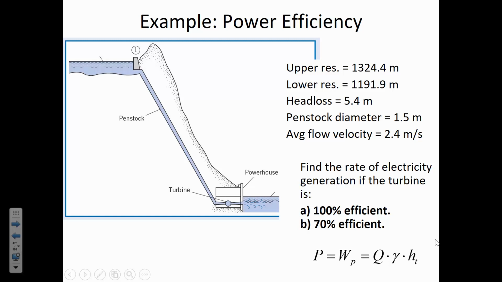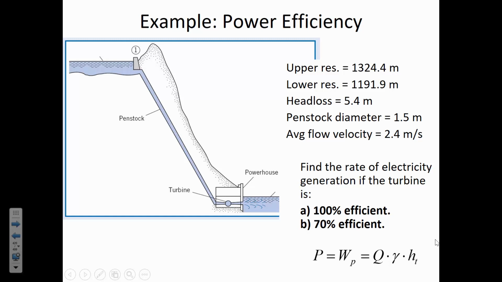So that's the elevation difference minus the losses, and that's how much the turbine can extract and then turn into power. So that's the energy equation, and now in the power equation is where we'll incorporate the h sub T that we've just calculated, the unit weight of the fluid, and the flow rate through the pipe.